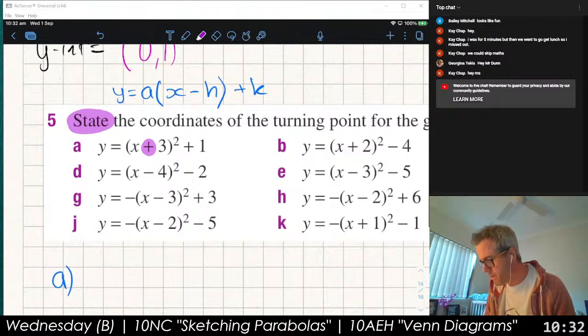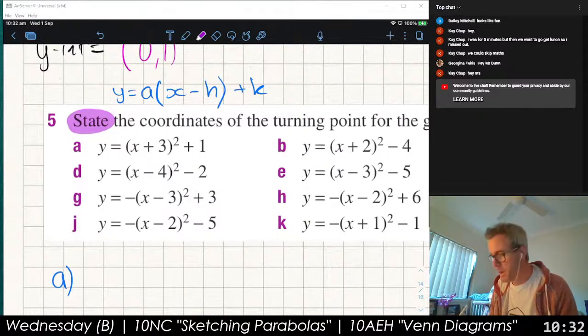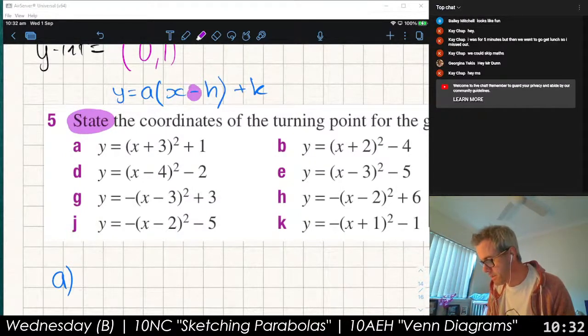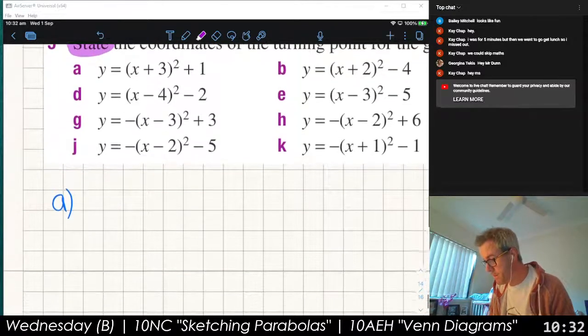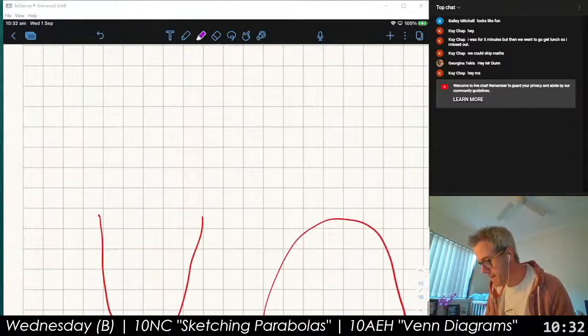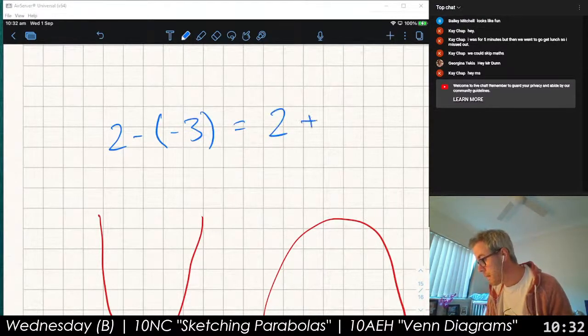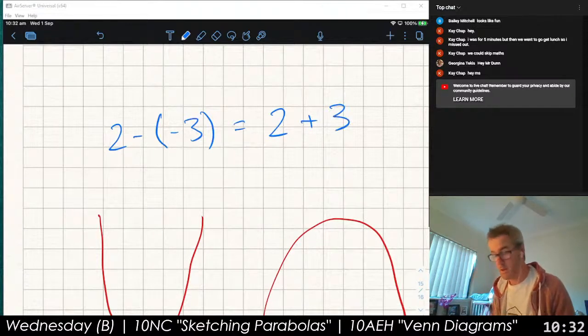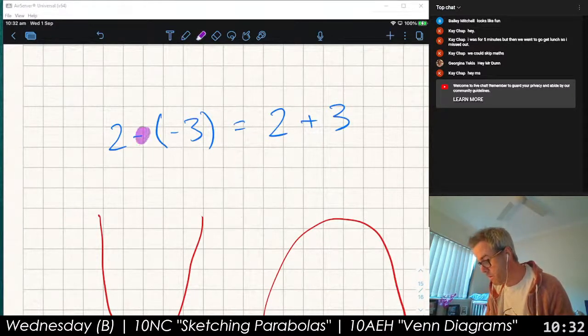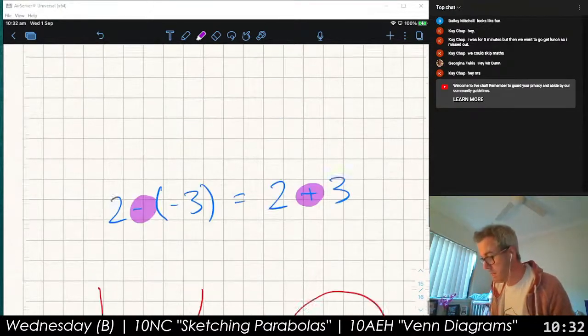What value of h must it be that's turned it from a negative to a plus? Well, it has to be a negative. Remember, when I have 2 minus negative 3, that's the same as saying 2 plus 3. So that's how we've gone from this negative value to a positive value. Pay attention to that. Be careful.